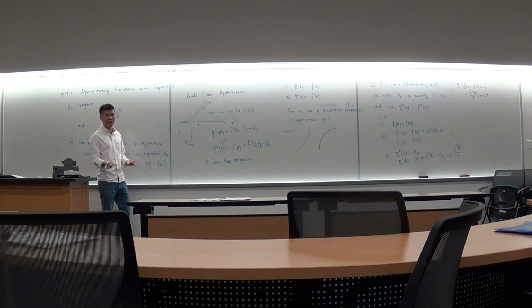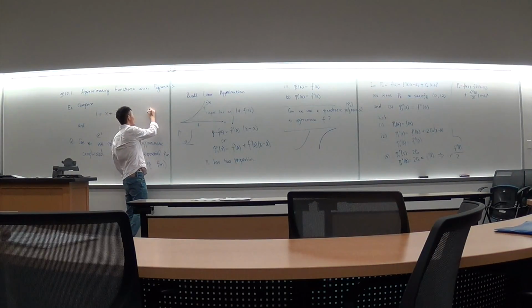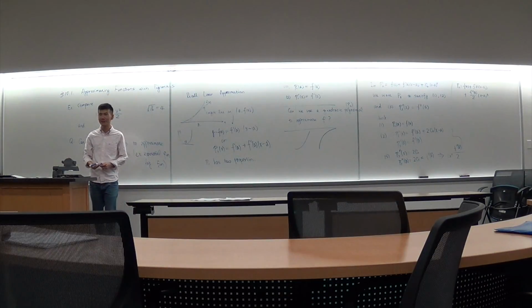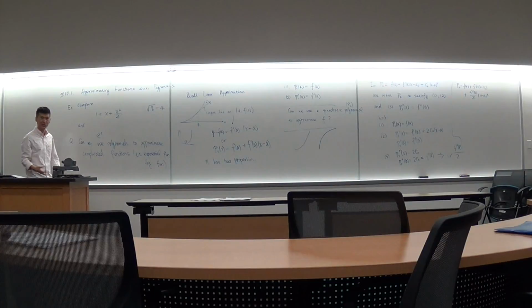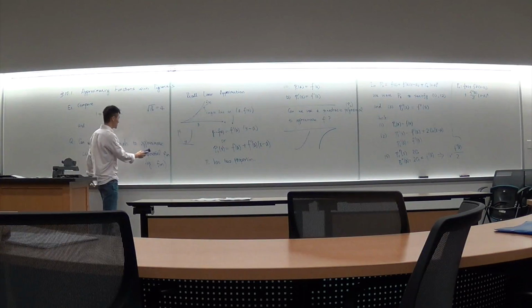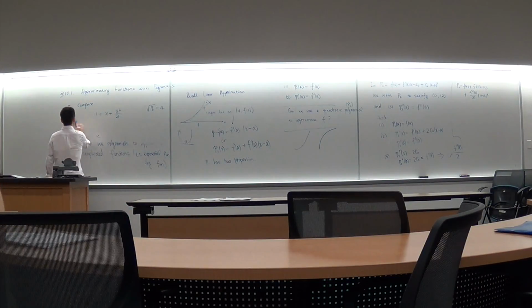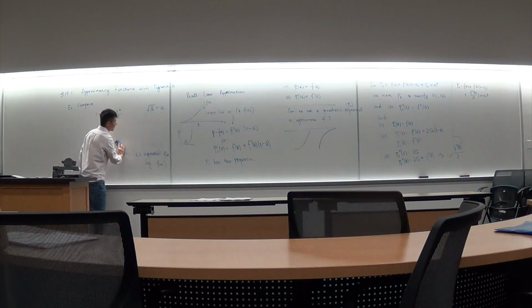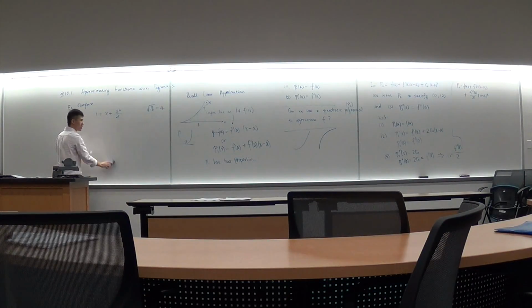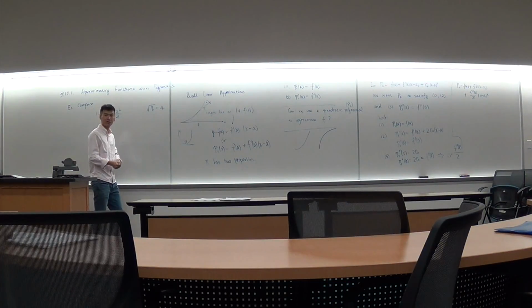One thing is easy: we know the square root of 16 is equal to 4. So that's very easy. Now what about the square root of 17? 17 is very close to 16. First we have to identify the function that we're trying to approximate.